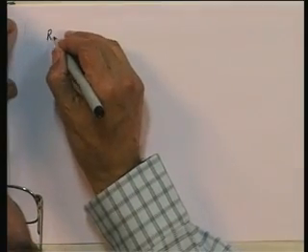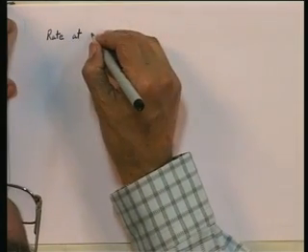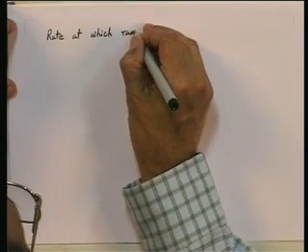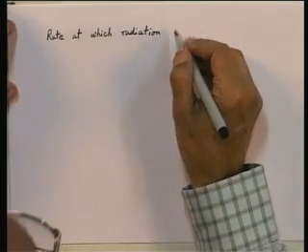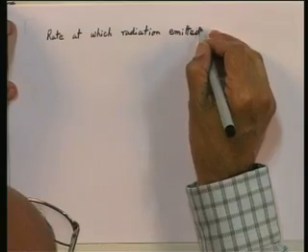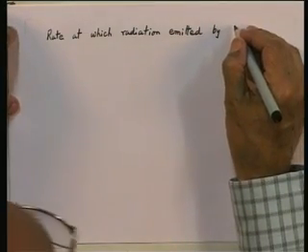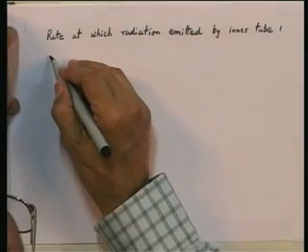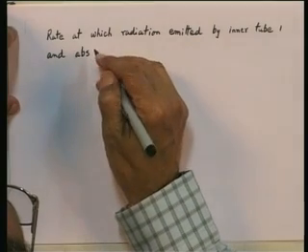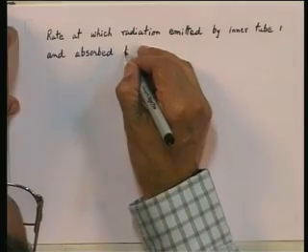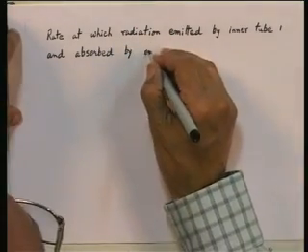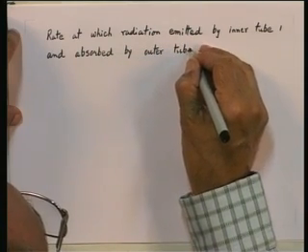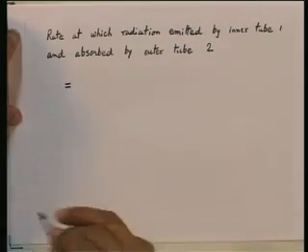I can say the rate at which radiation emitted by inner tube 1 and absorbed by outer tube 2 is equal to, I am going to take them term by term now.